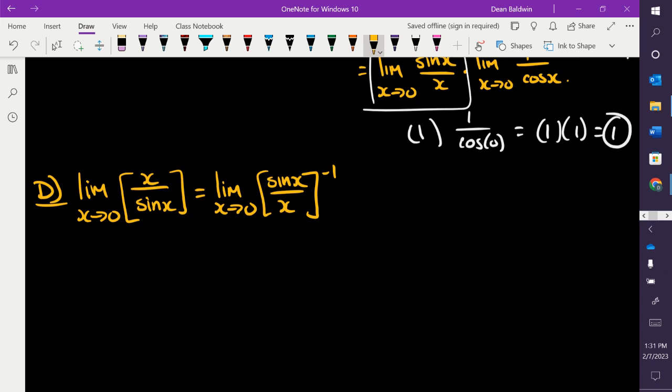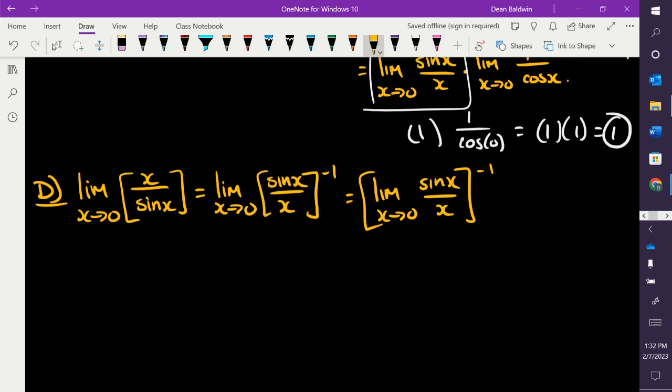It is, right? Because a negative exponent just means you flip it. But then I can use the properties of exponents to say, well, I can just do the inside function and then raise my answer to that exponent. And the inside function is a known limit. We know what it is.